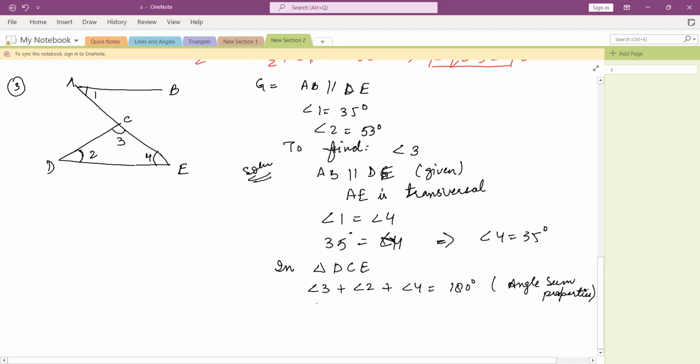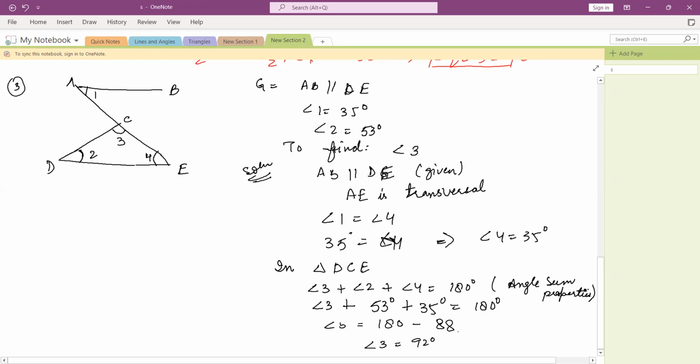Now put the values. So angle 3 we have to find out, plus angle 2 is already given, which is 53 degrees. Angle 4 we have found 35. This is equal to 180 degrees. So angle 3 will be 180 minus 88, and angle 3 will come out to be 92 degrees.